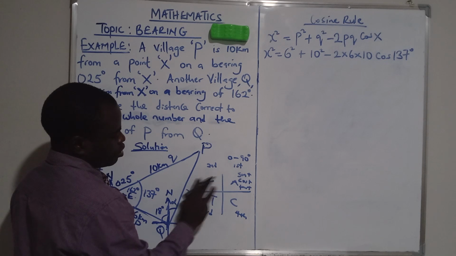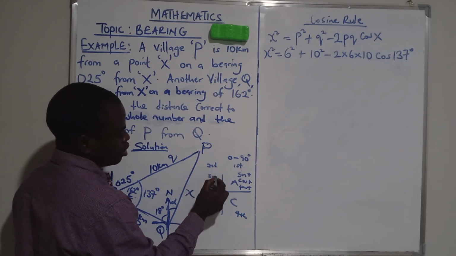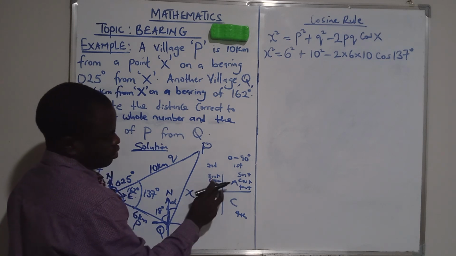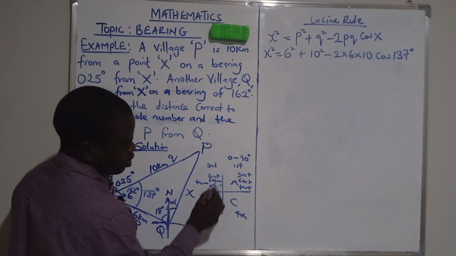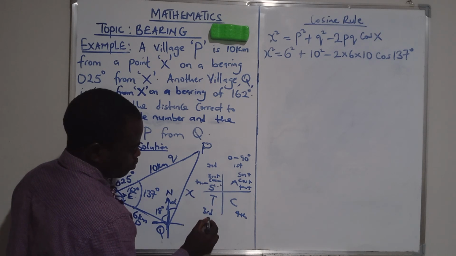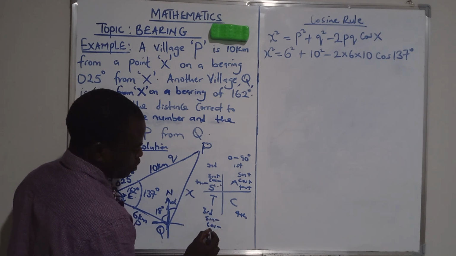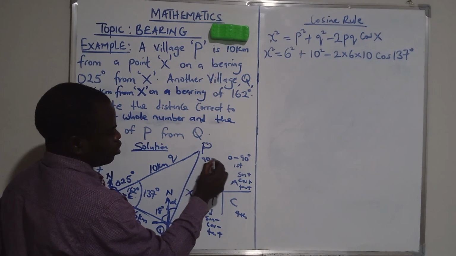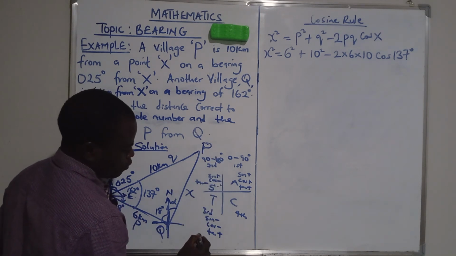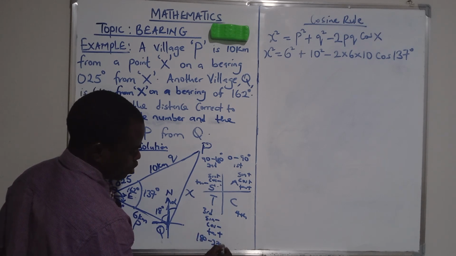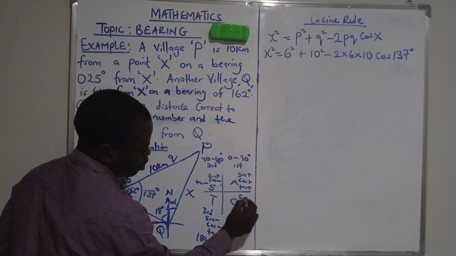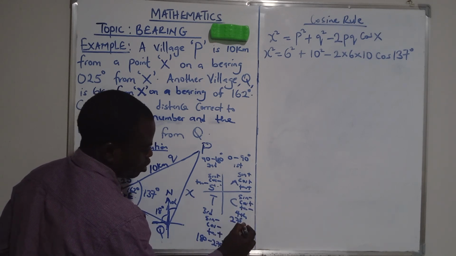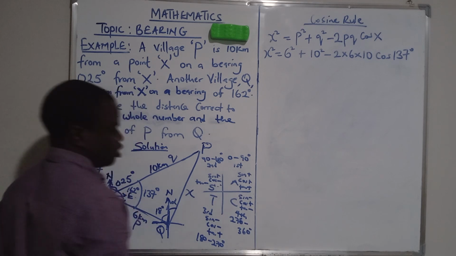Second quadrant, sine is positive, cos is negative, tan is negative, and it ranges from 90 to 180 degrees. In the third quadrant, sine is negative, cos is negative, tan is positive, and it ranges from 180 to 270 degrees. In the fourth quadrant, sine is negative, cos is positive, tan is negative, and it ranges from 270 to 360 degrees.